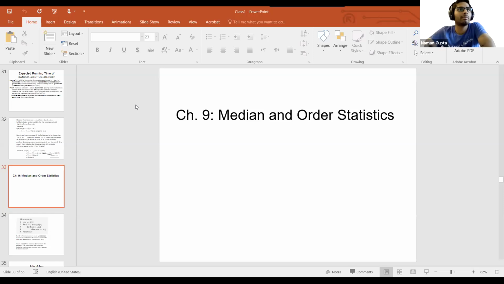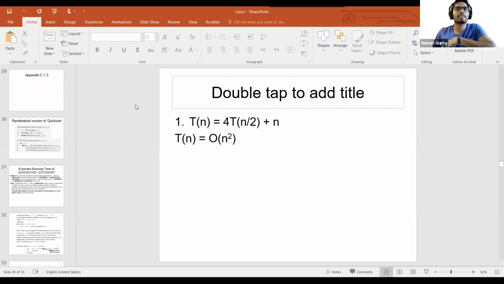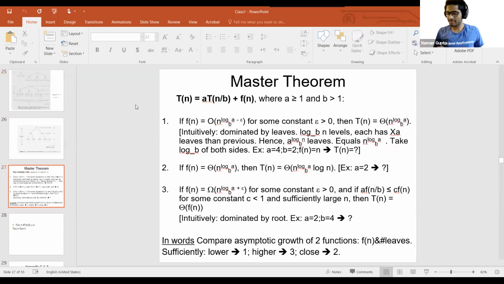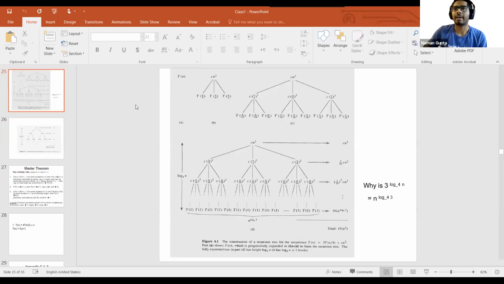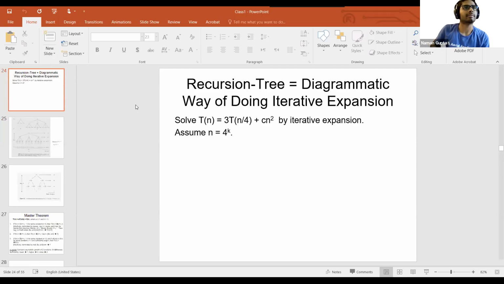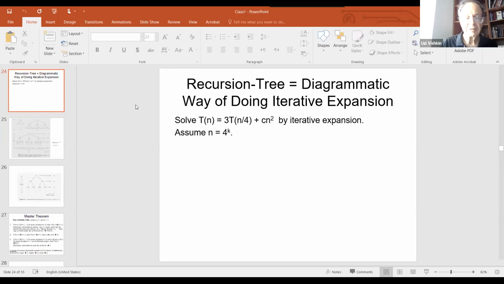Professor, going back to the master theorem. In the previous class, in the recurrence by iterative expansion, we have this equation: T(n) equals 3T(n/4) plus cn squared.